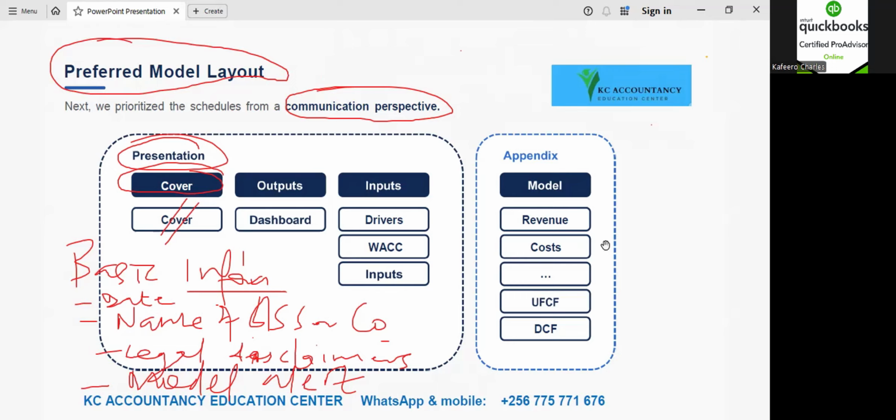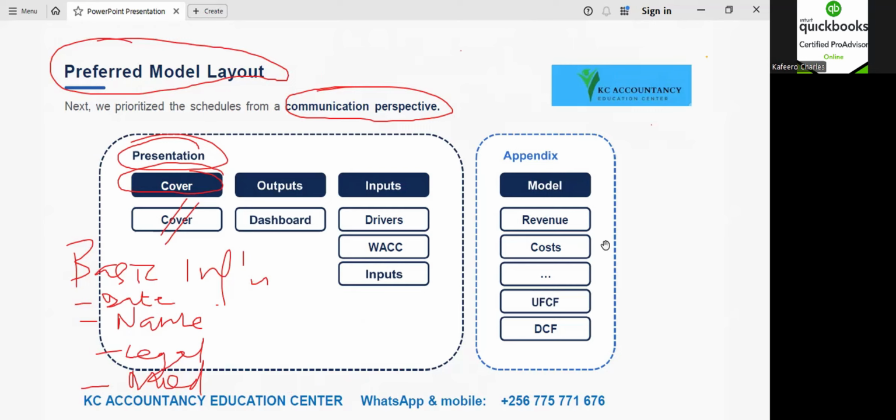So it is all about letting the audience know that what we have formatted is actually efficiently a financial presentation. So that's basically what we shall look at as far as the cover page is concerned.